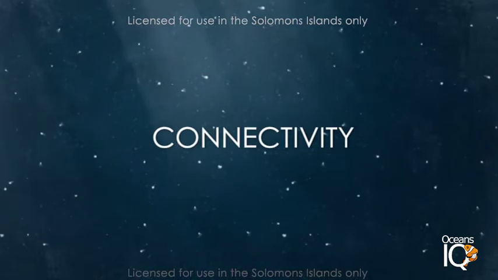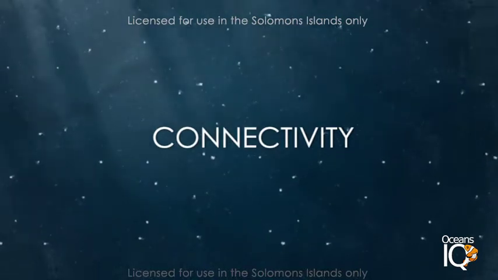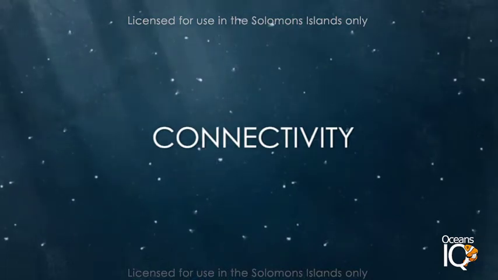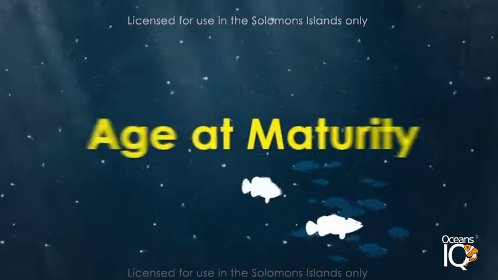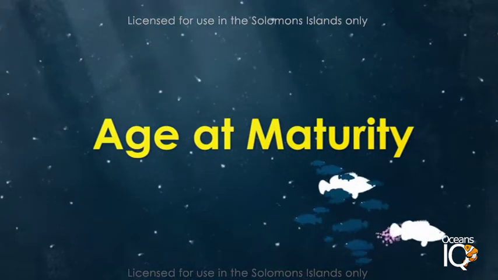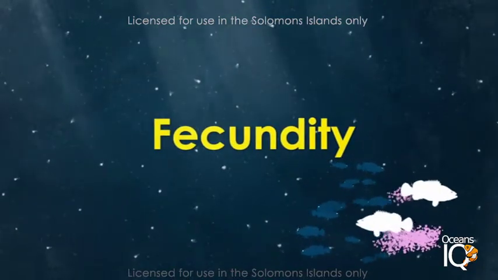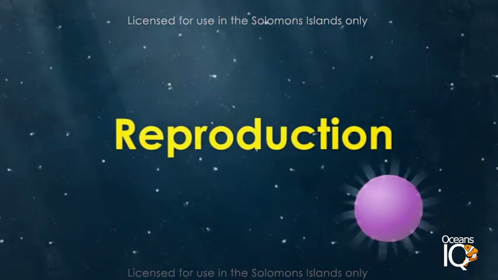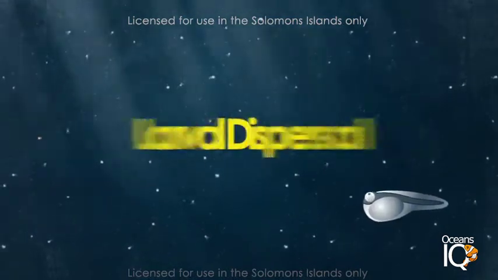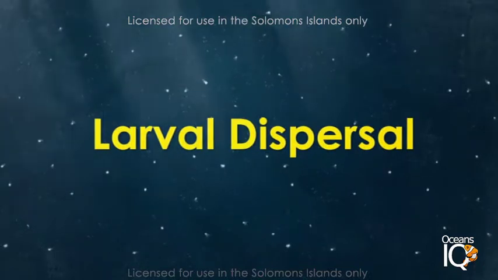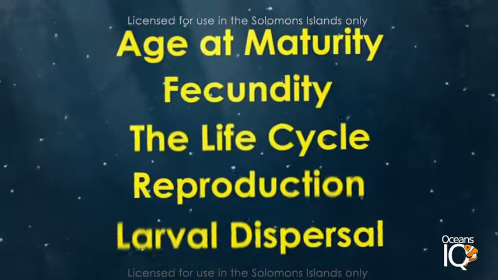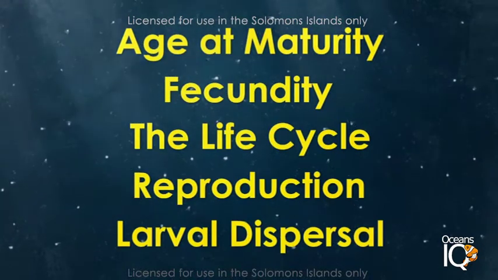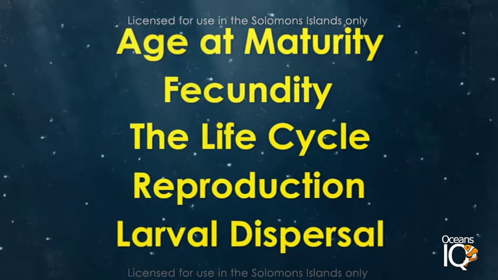To understand how reefs actually work, you need to combine an understanding of connectivity with the concepts we met in earlier modules, like age at maturity, fecundity, the life cycle, reproductive behaviour and biology, and larval dispersal. Together, all these processes regulate the connectivity of populations of fish and other sea creatures.